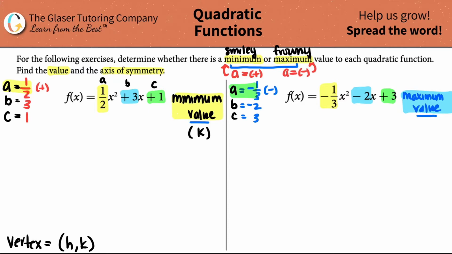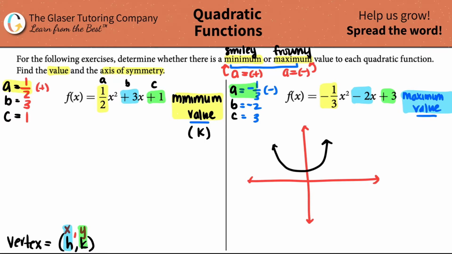And technically, h's are x's and k's are y's, because any point always goes x comma y. So your value, if I just drew a quick graph, let's just say this is smiling, it's a minimum.